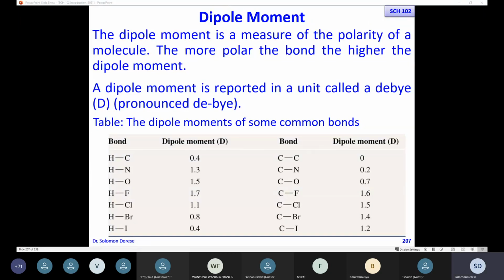This crossed arrow has a sense of direction. It goes from the less electronegative element to the more electronegative element, pointing from the partially positive center towards the partially negative center. So the crossed arrow will point from the hydrogen to the carbon. Okay? Is it clear?